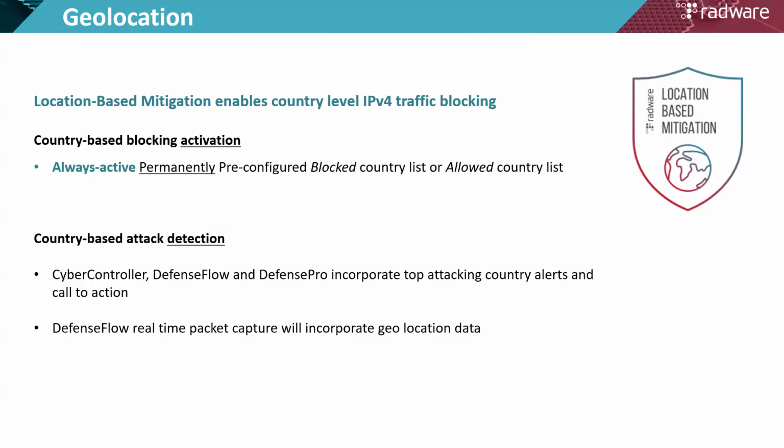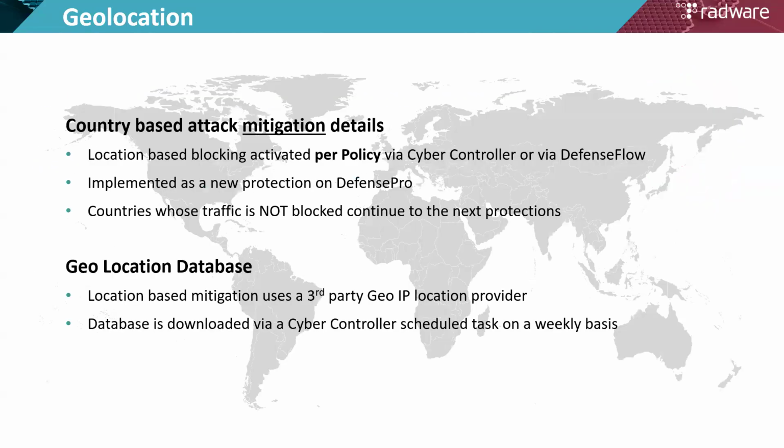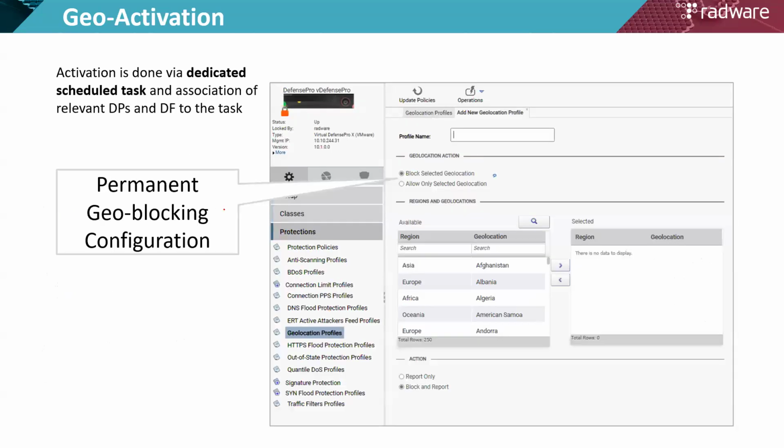This is country-based attack detection, and we are mitigating based on a third-party GeoIP location provider. We get the IP address related information from that provider, so we can track the IP location in near real time. If the traffic originates from a particular country, we will either drop or allow it based on how we have configured the geolocation feeds, which is discussed here.